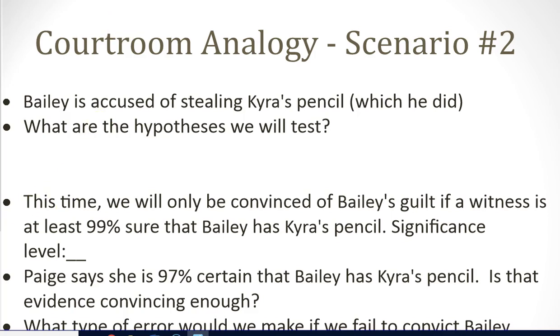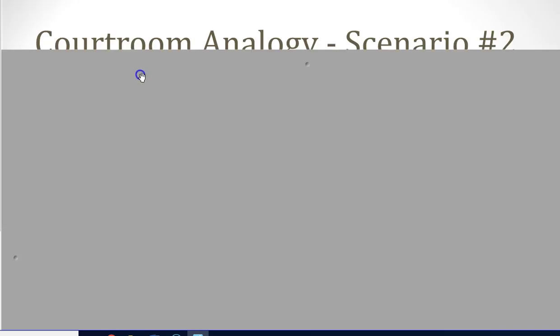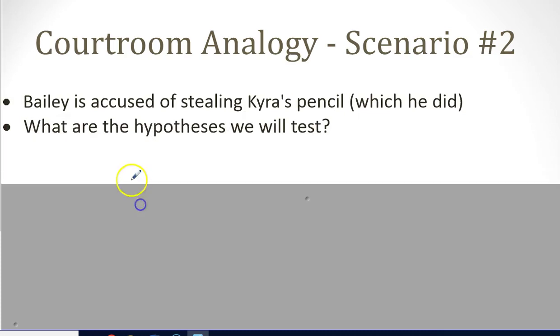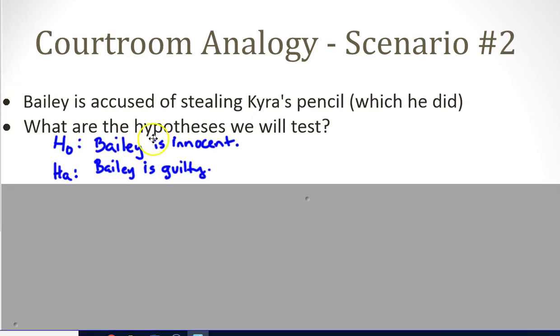All right, scenario number 2. Same scenario. Bailey is accused of stealing Kyra's pencil, and he did it. What are our hypotheses? They're the same hypotheses as before. Okay, in our judicial system, we assume that there is innocence until someone is proven guilty. Other countries are different. I'm told in France it's the opposite.